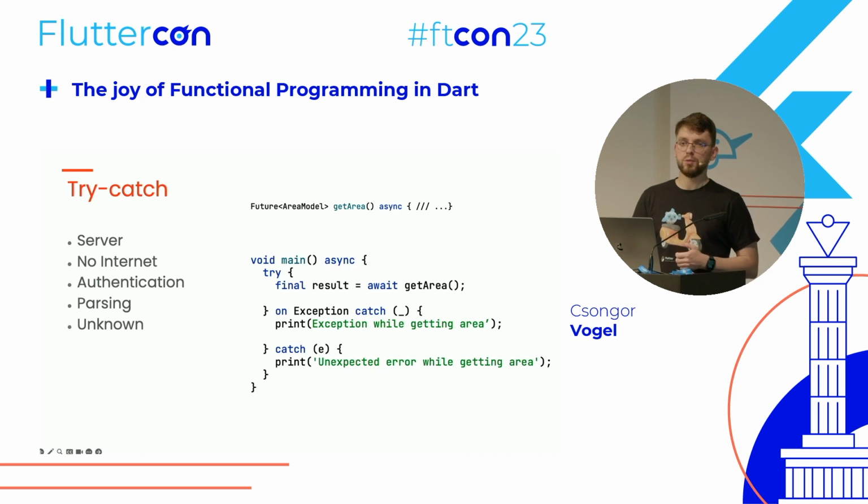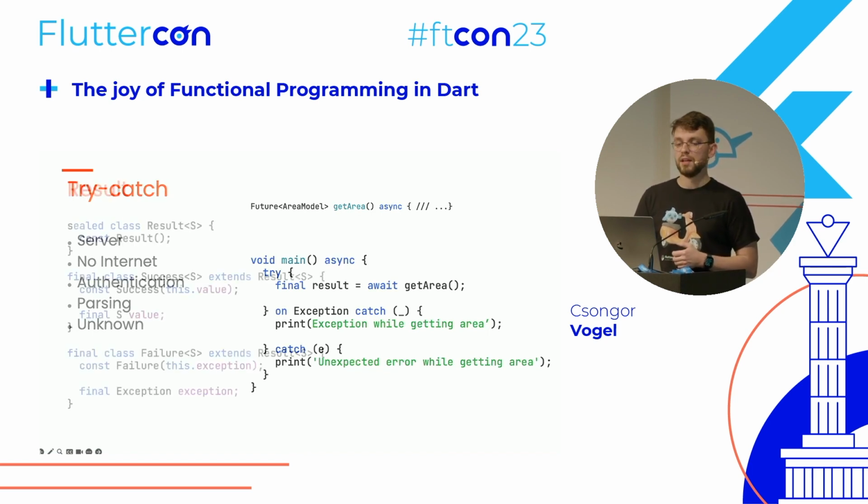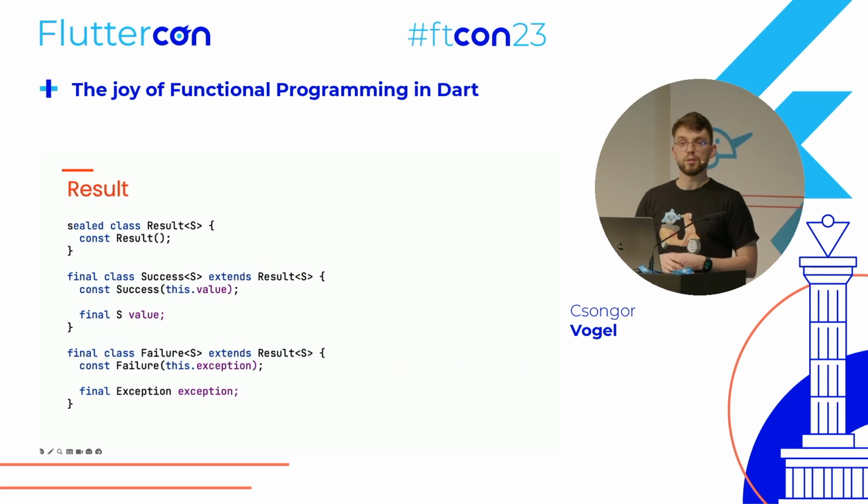One thing we can do, based on patterns and other latest Dart features, is create our own result object. We can specify it as a sealed class, and we can have two subclasses. We can also restrict the implementation and inheritance of it by marking them as final classes. And we can differentiate the success and the failure part.